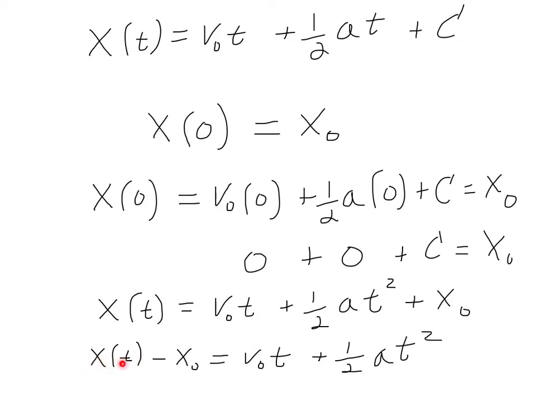So x of t is just regular x, and this is exactly the same equation that integral calculus tells you, provided you have these initial conditions. If you know the position at time t equals 0, which, remember, in chapter 2 we always said, well, that's x naught, that's what the naught stands for, t equals 0.